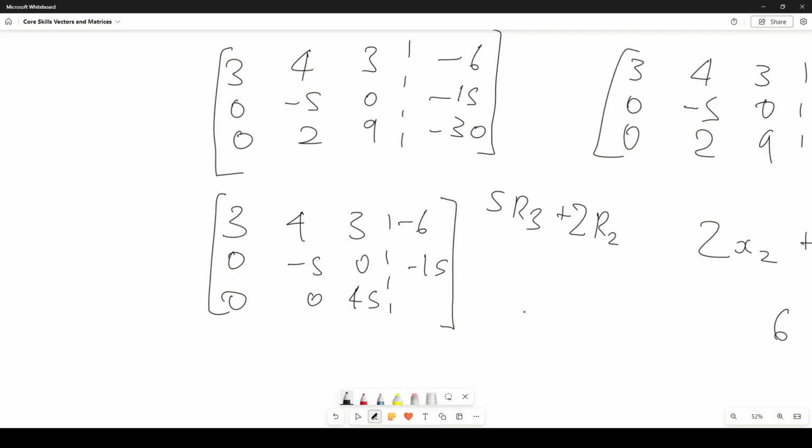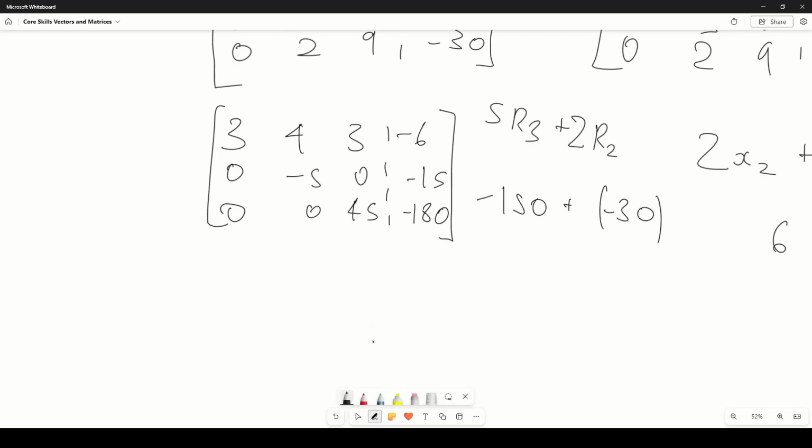And minus 30 times 5 is minus 150. And 2 times minus 15 is minus 30. So what we get in the end here seems to be minus 180.